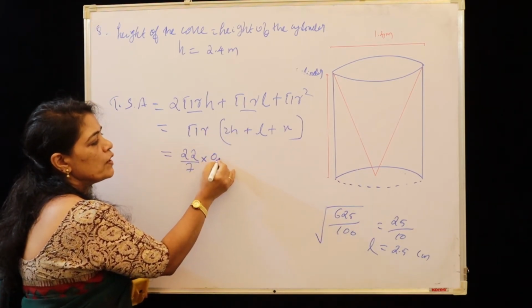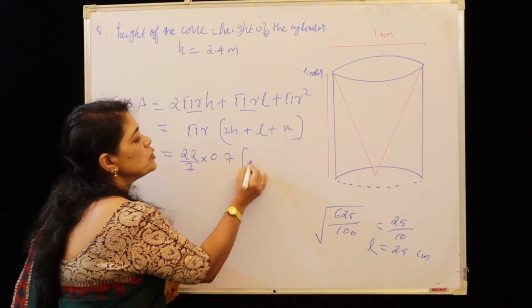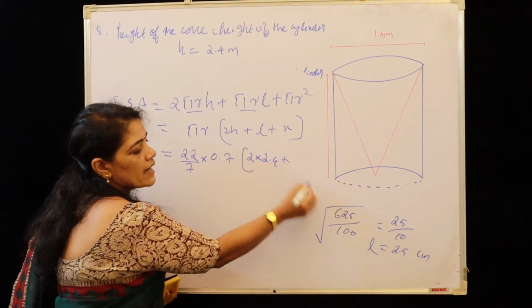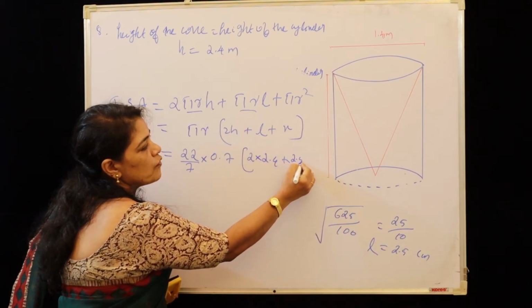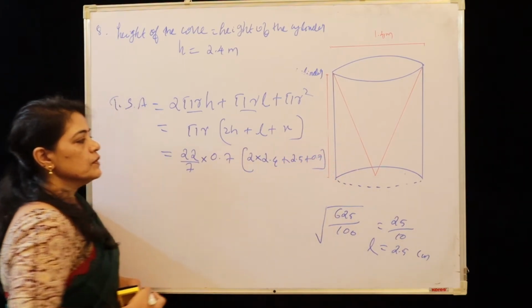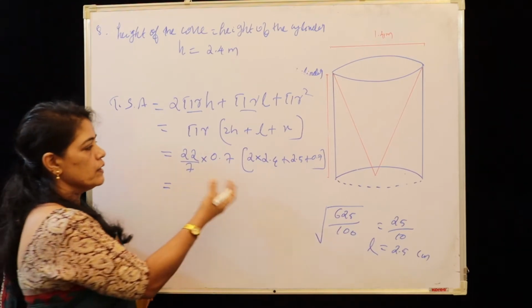Radius is 0.7, then 2 into h, and height is 2.4, and slant height we have seen 2.5, and radius is 0.7. Now we can solve the steps.